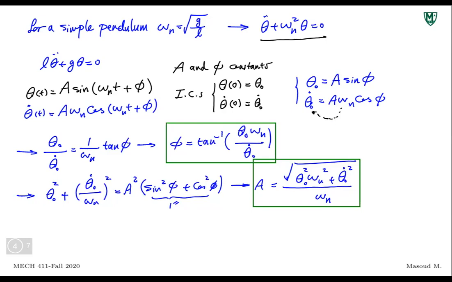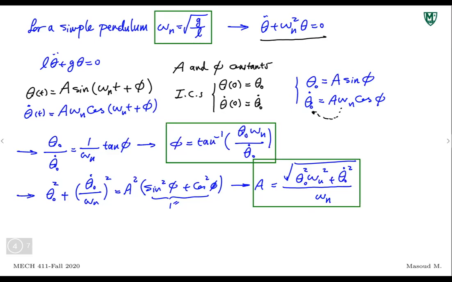Initial displacement, where am I letting this go? Is it here, here, or here? And I know that as long as I know the natural frequency, keep in mind natural frequency was here. This is the natural frequency. Meaning that all I need is to find the length of this string.